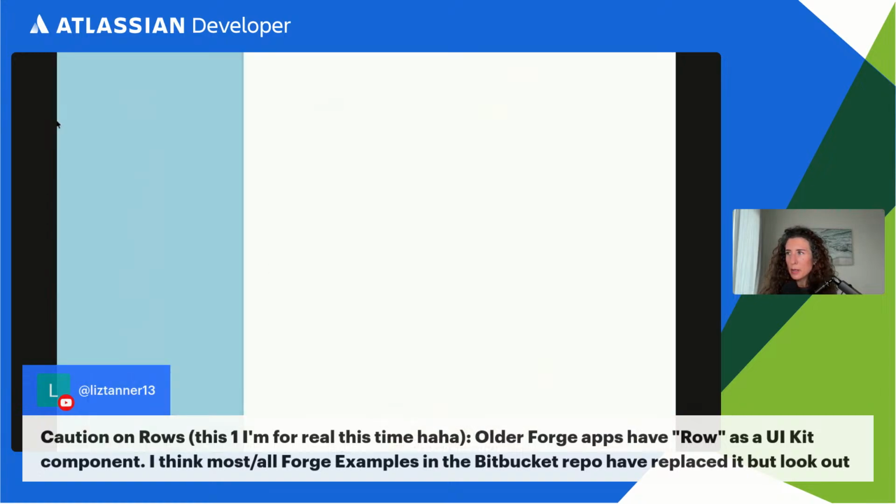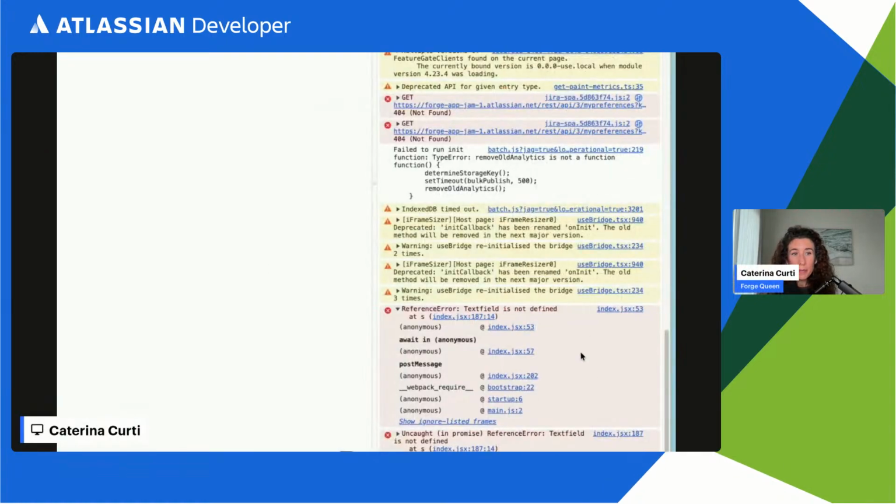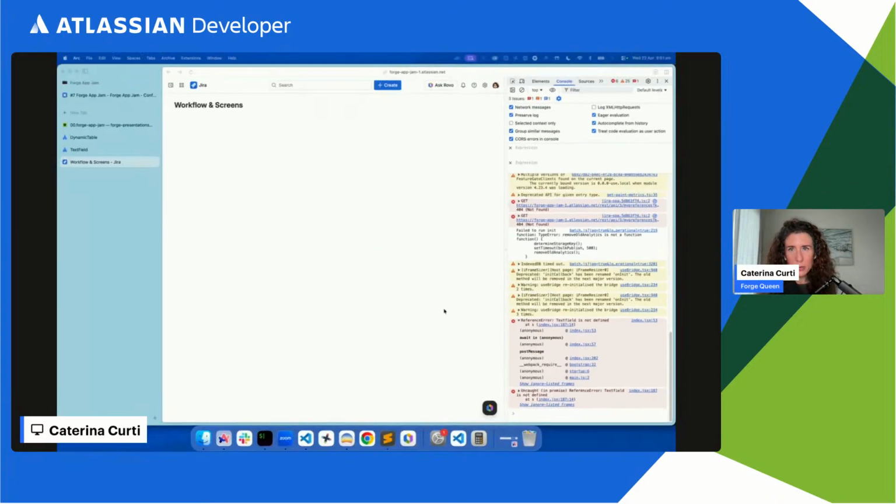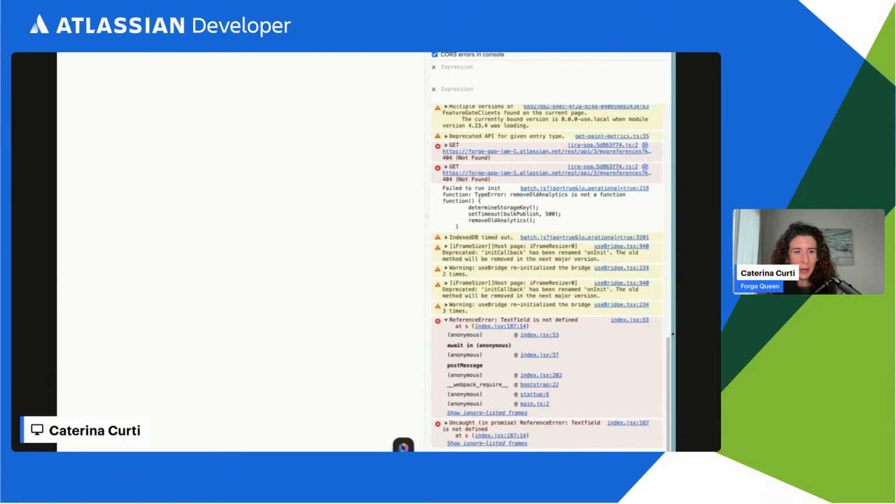So if you ever get into a situation where the UI is loading a blank screen, check out the console because you might get some good hints, like in this one.